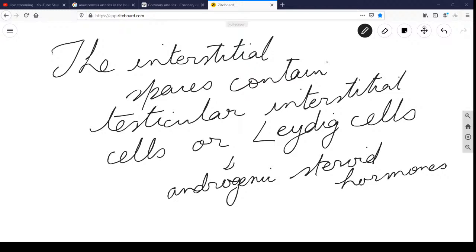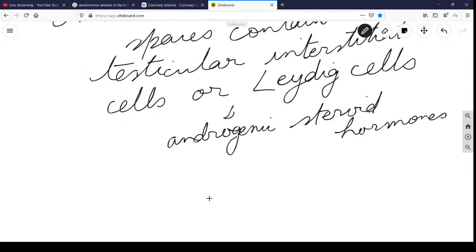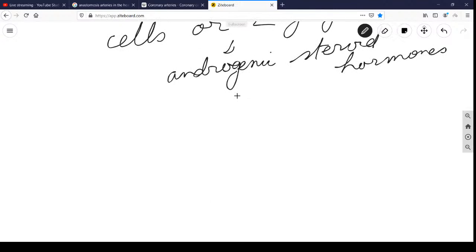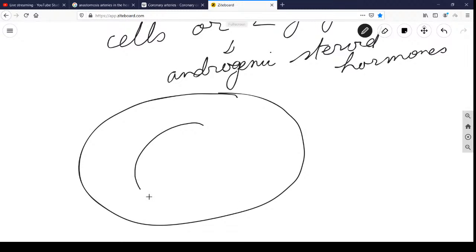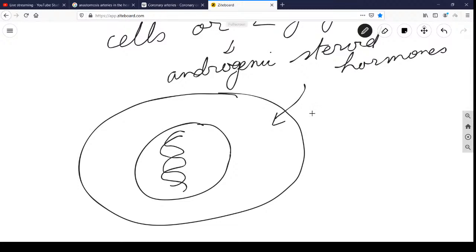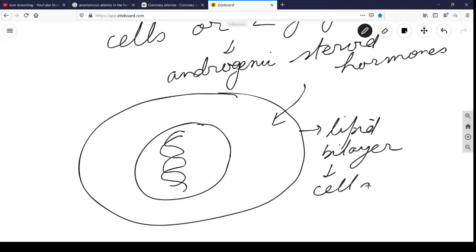Suppose this is a cell, this is the nucleus, this is the DNA. When the androgen enters, because it's a steroid hormone, it will pass through the lipid bilayer of the cell membrane and bind the receptor protein present here.